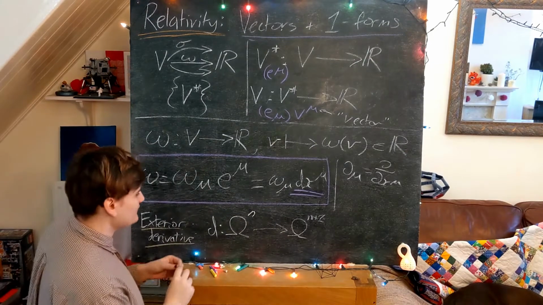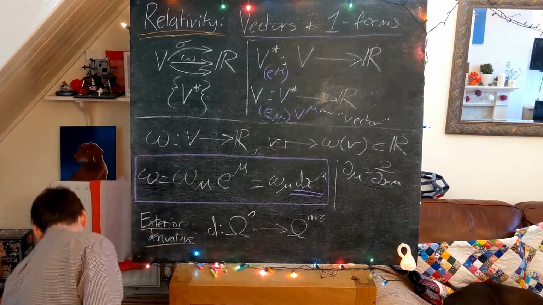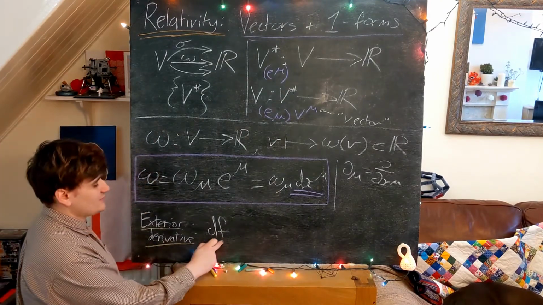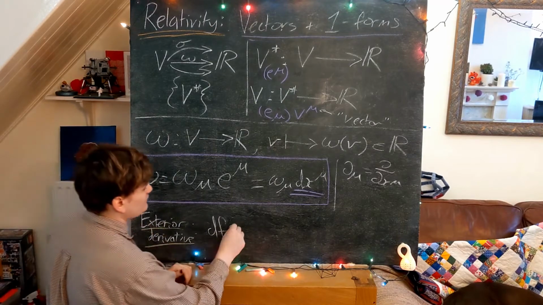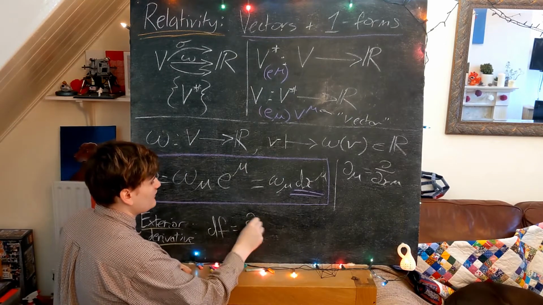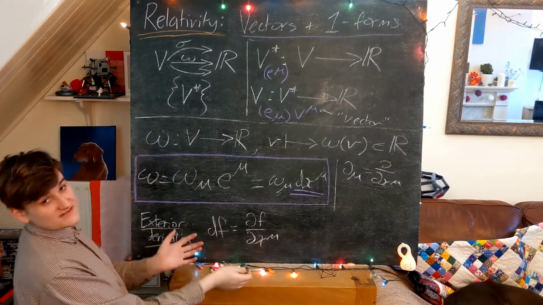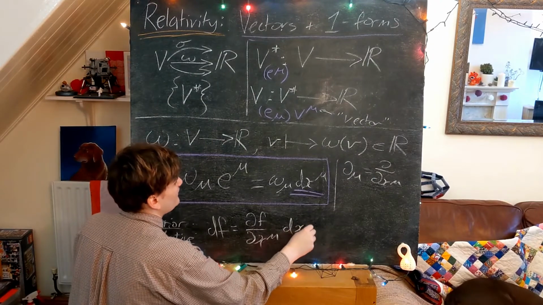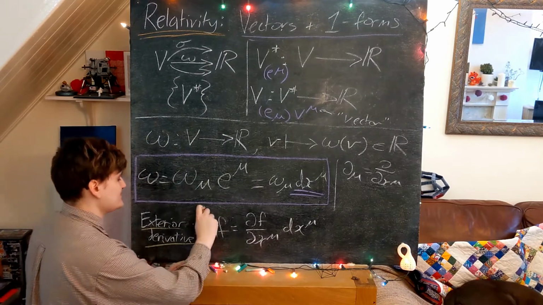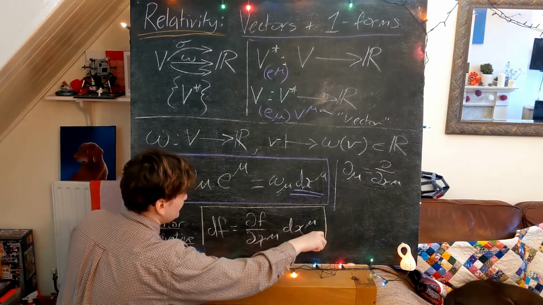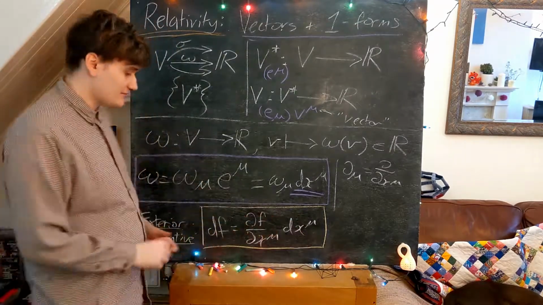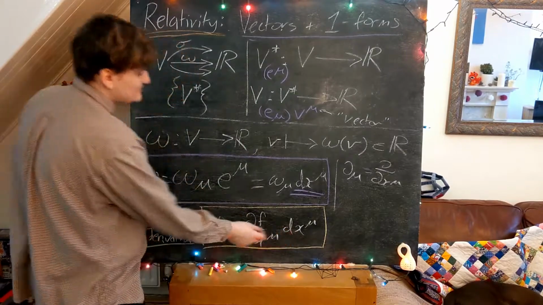That's just how it's defined, but how it actually acts, we simply define the action of the exterior derivative on a zero form as follows. We've seen it has to produce a one form, so it's going to give us some set of components, and then again we have the one form basis. So this is how the exterior derivative is simply defined, and now we can understand what dx mu is if we just plug into the definition.